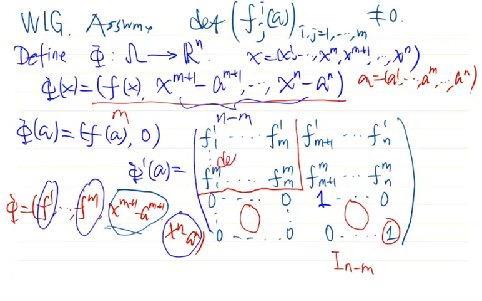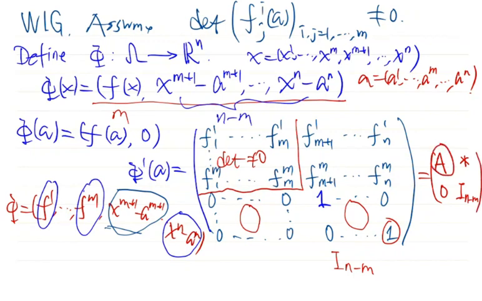The determinant is not 0. So our phi'(a) is a matrix of the form: A, which is nonsingular, and this is a block we don't care about, and this is 0, and this is the identity matrix. So the matrix is of this form.